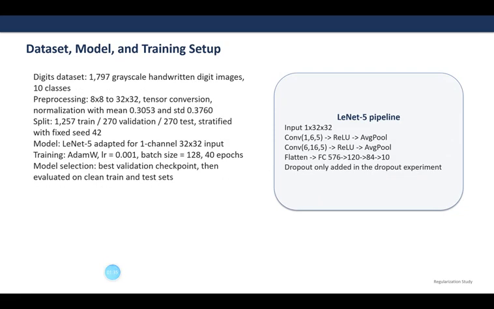The dataset is the scikit-learn digits dataset. It contains 1,797 grayscale handwritten digit images across 10 classes. The original images are only 8 by 8, so I resized them to 32 by 32, converted them into tensors, and normalized them.